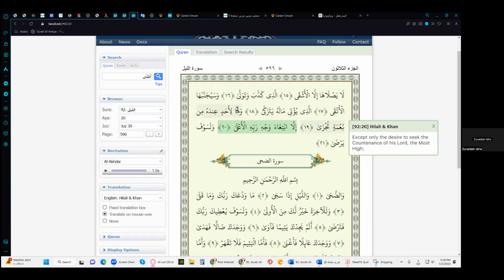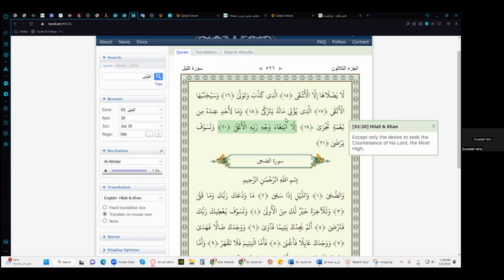So here is wama and ni'matin. Ni'matin is actually what you're looking at, the mustasna minhu. Does ibtigha'a belong to ni'mah? Ibtigha'a means to seek or desire, right? The desire, for example, because this is masdar.